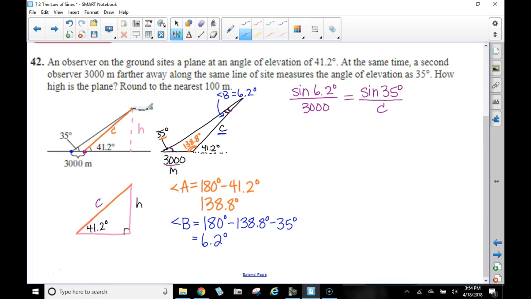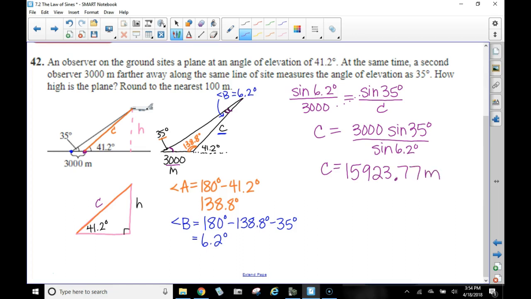Solving for C by cross multiplying and dividing, I'm going to take 3,000 times the sine of 35 degrees divided by the sine of 6.2 degrees, and C is going to be equal to a large number, 15,923.77 meters.